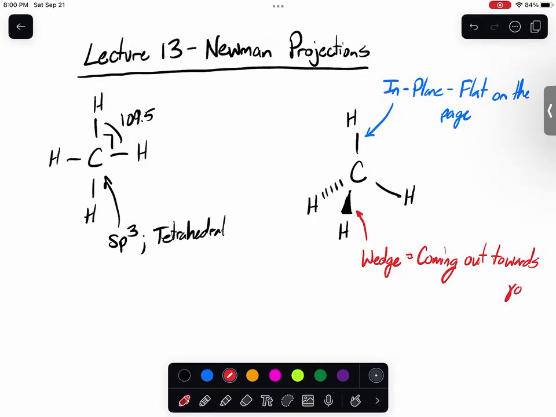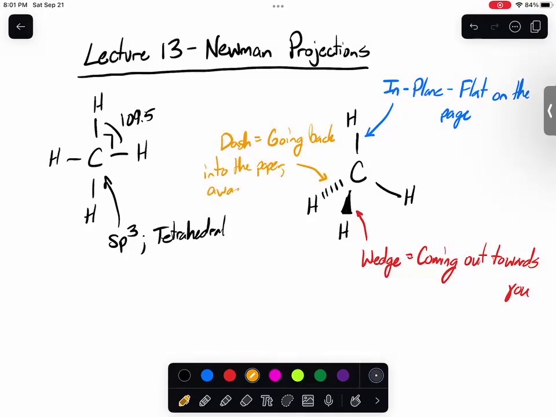In real life, this would be closer to you than everything else because it's coming at you kind of slightly diagonally. And then this one right here, which is the dash, is doing the opposite. It's going back into the paper away from you.